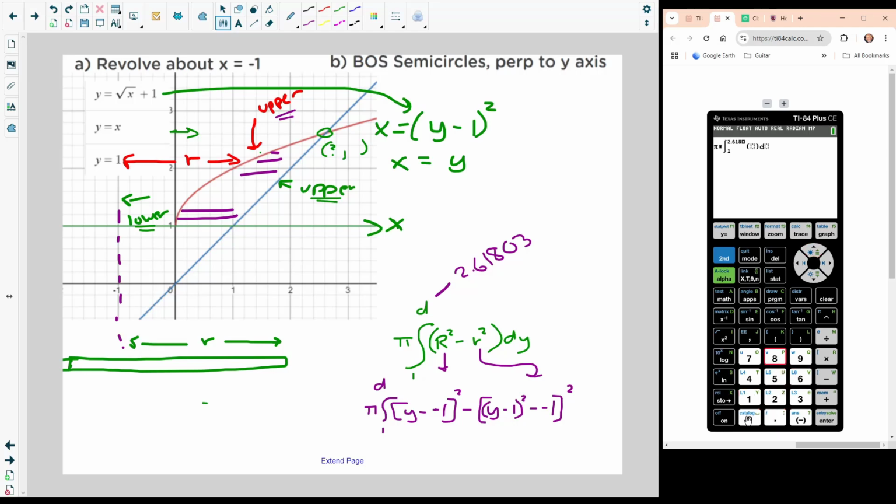If I had this stored, I could use d, but I can't. This is dy, of course, and this is volume equals.